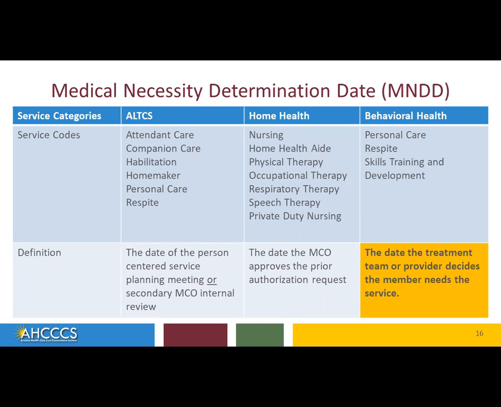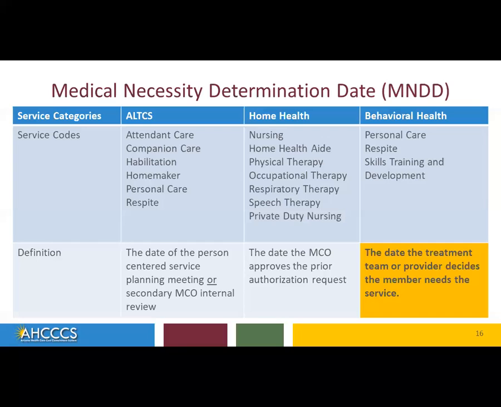One is the Access category, things like attendant care, companion care, habilitation, respite. There are the home health services: nursing, the various therapies, home health aide. And then there are behavioral health services, personal care and respite, which are also shared by the Access program, and then something called skills training and development. So when we looked at these, we asked, when is medical necessity determined?